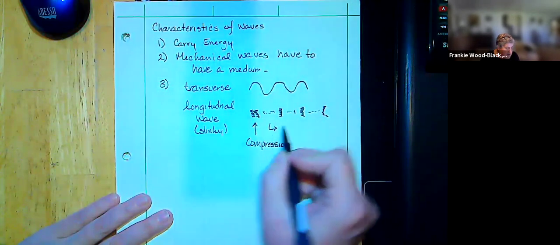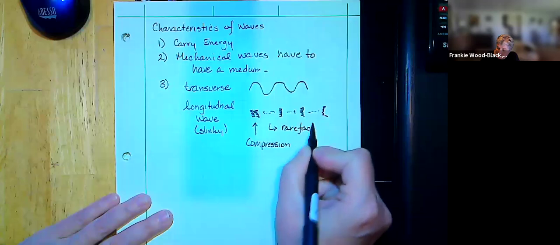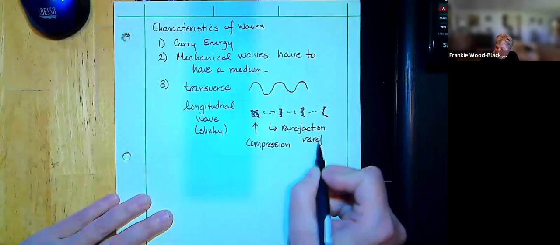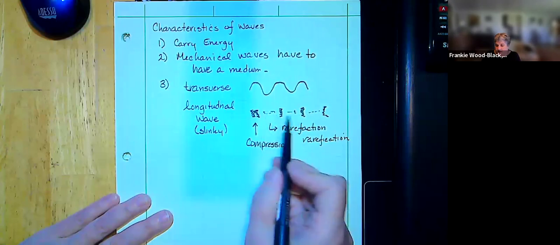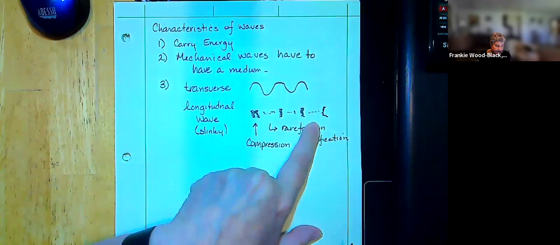And you can look at this as rarefaction, or rarefication, where it's going to be thinner and it's going to come up and be denser.